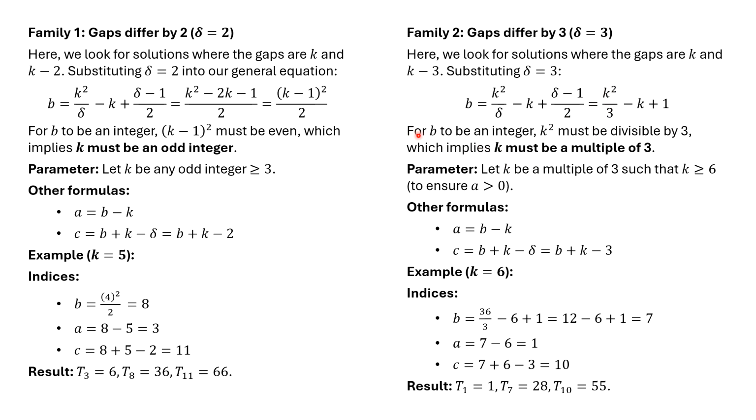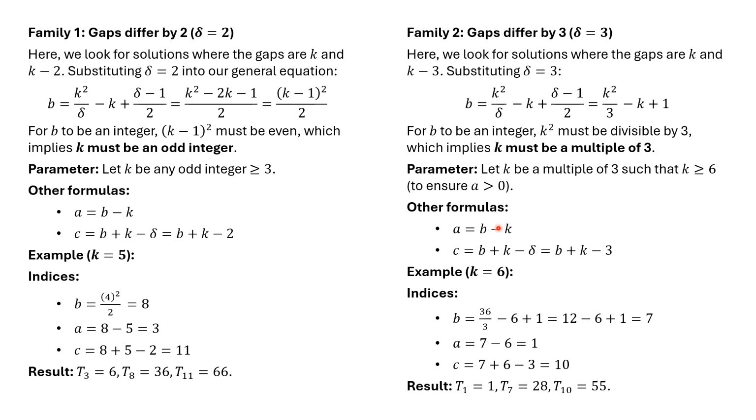And for b to be an integer, we still have that requirement. k squared must be divisible by 3, which means k must be a multiple of 3. And since we want this to be positive, the next multiple of 3 would be 6. So k has to be greater than or equal to 6. Any multiple of 3 greater than or equal to 6 will give us an integer for b.